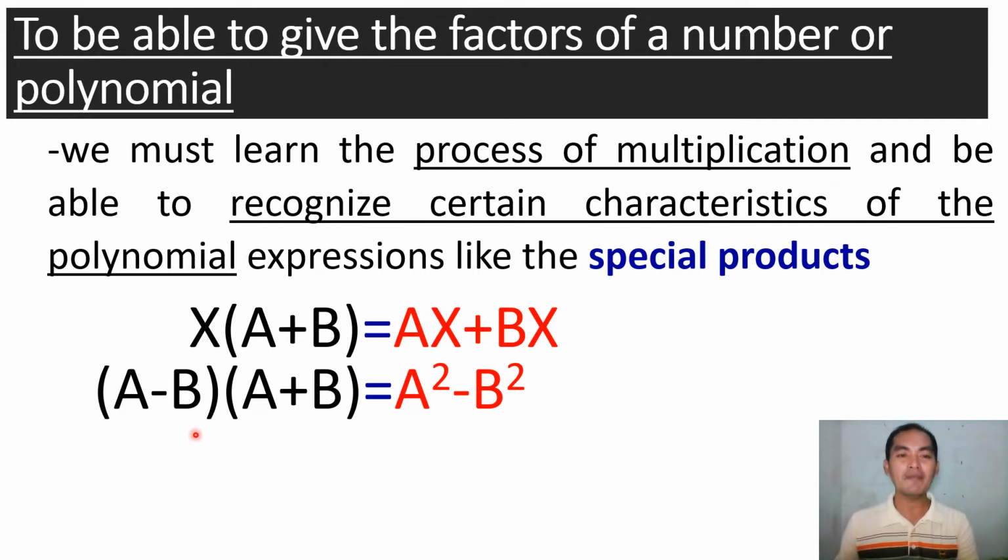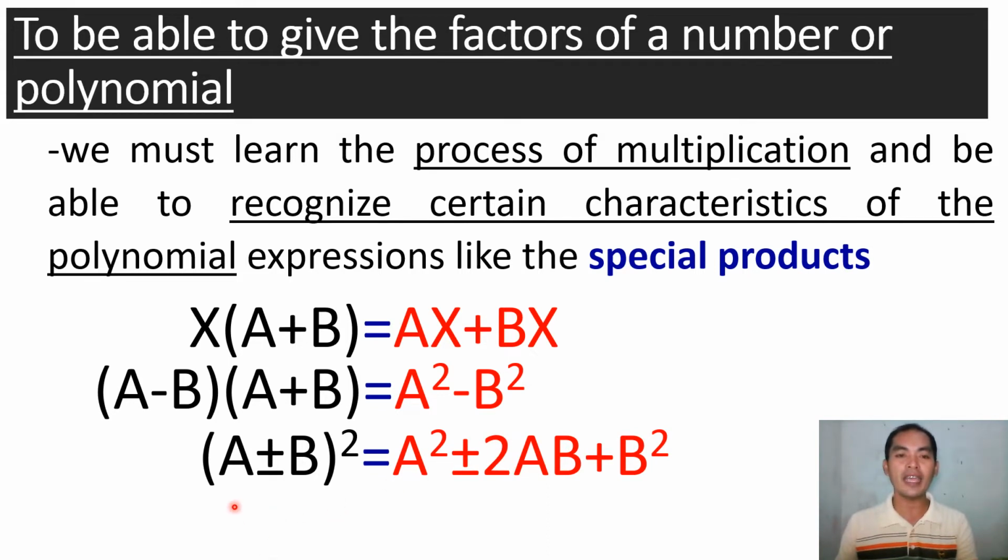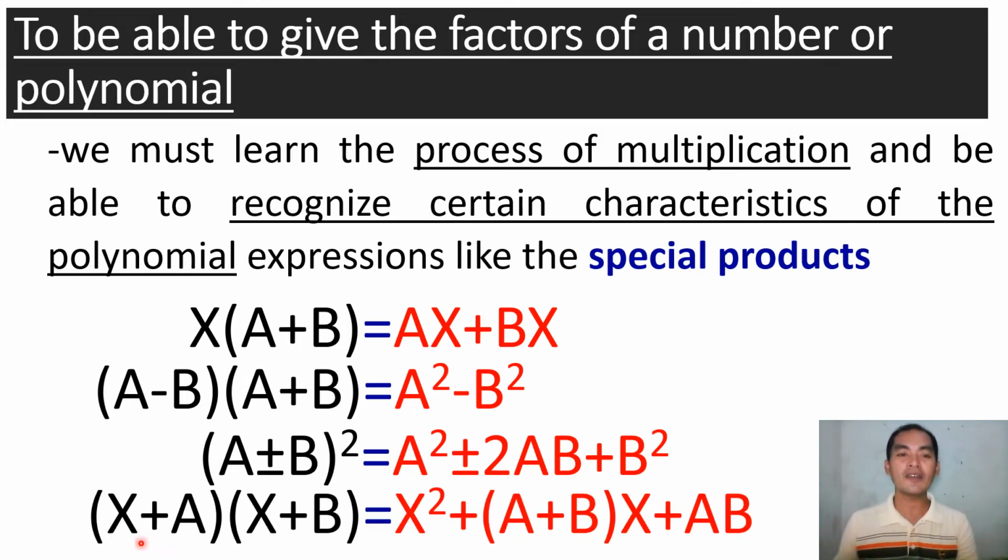The product of a minus b and a plus b is simply equal to a squared minus b squared. The square of a plus or minus b is simply equal to a squared plus or minus 2ab plus b squared. The product of x plus a and x plus b is equal to x squared plus the quantity of a plus b multiply x plus ab.